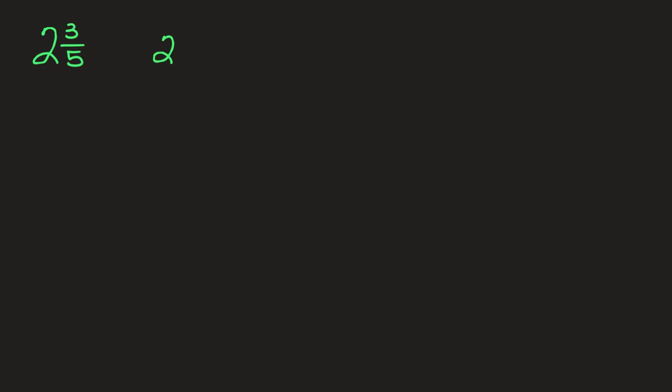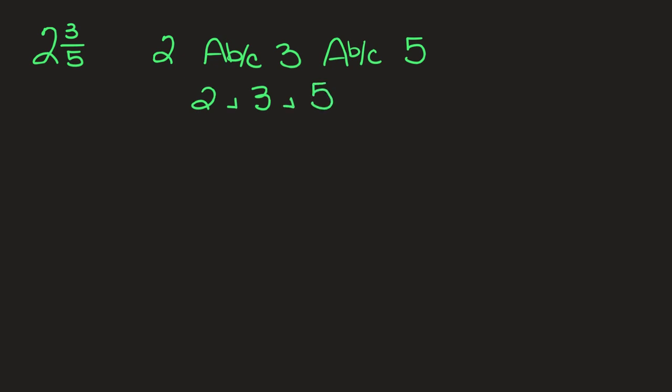What do I press after the 2? The ABC key. And then 3. ABC. Then 5. Your calculator should have a 2, backwards L, 3, backwards L, 5.